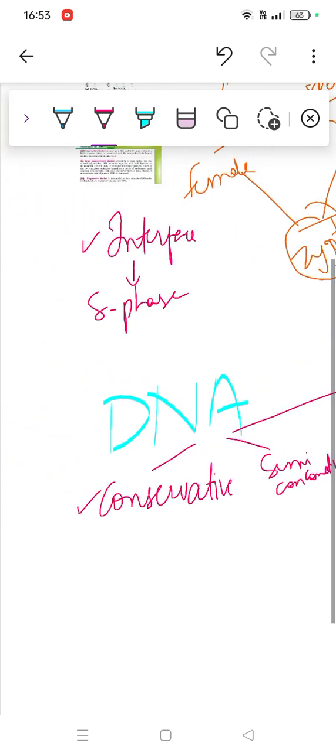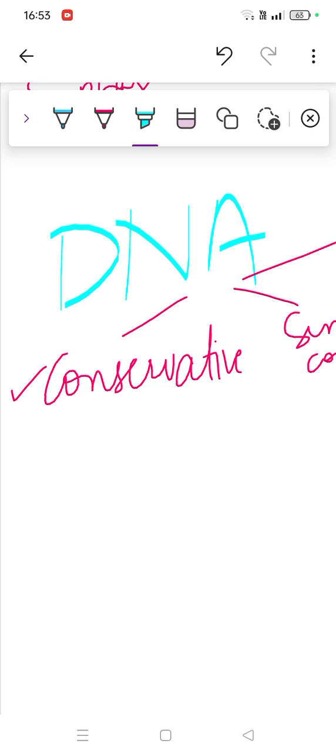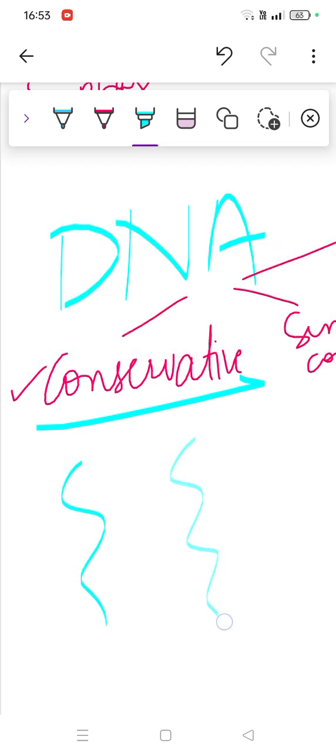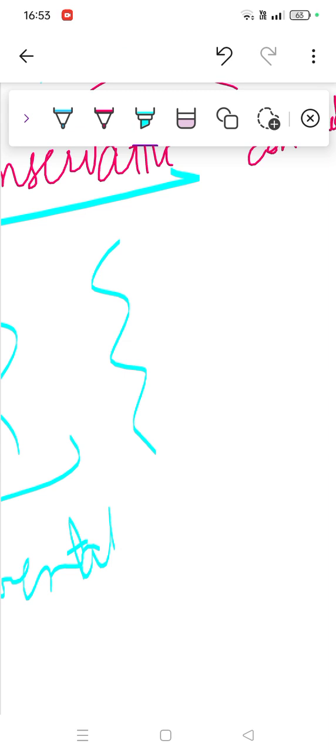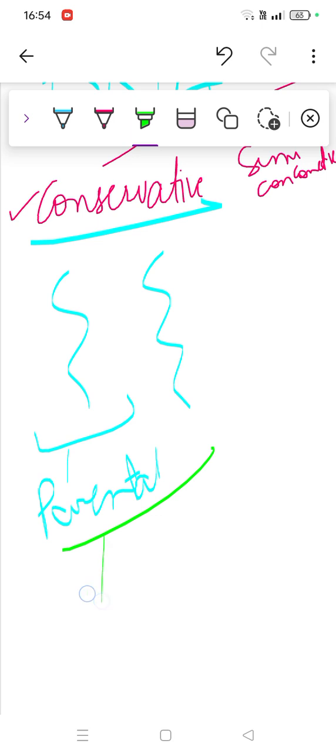So the first one is called conservative. In this conservative, what exactly is the concept? If you take this strand, and here we have this strand, one is taken from the parental.